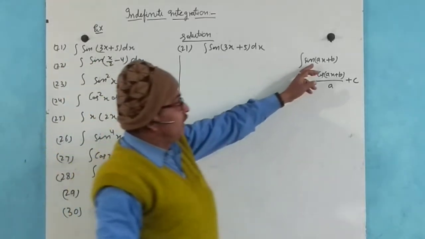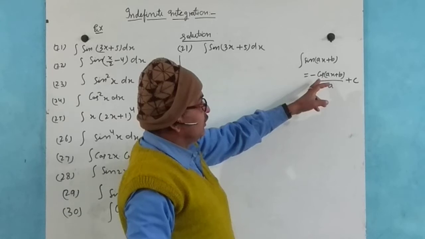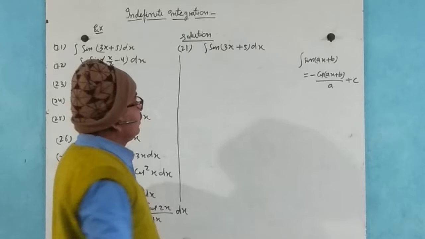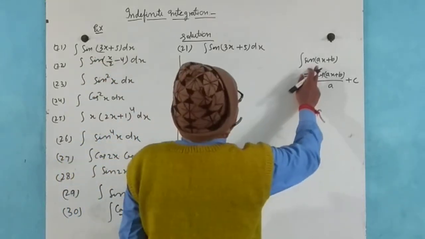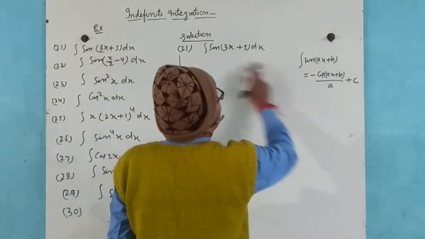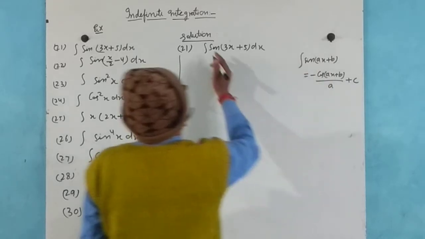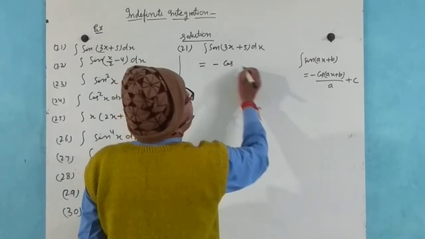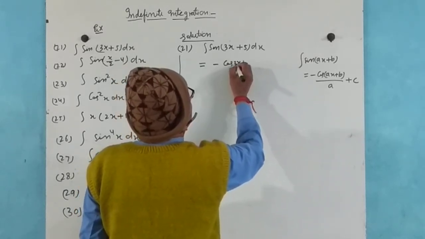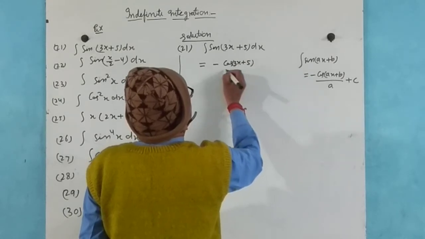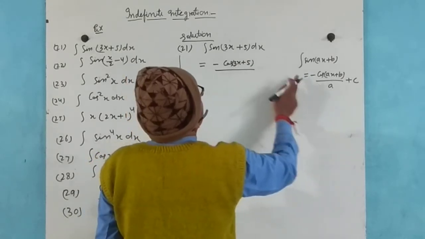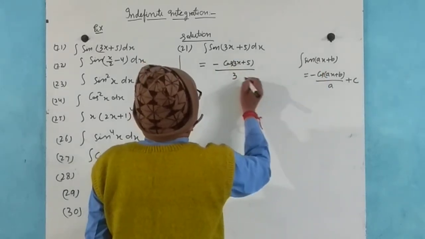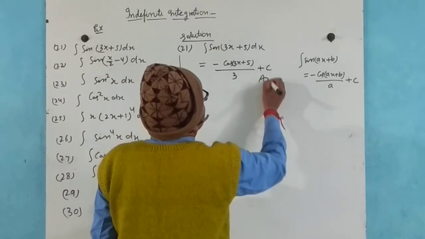Here a equals 3 and b equals 5, so the integration is minus cos(3x plus 5) divided by a, where a is the coefficient of x, here 3, plus c. This is the answer.